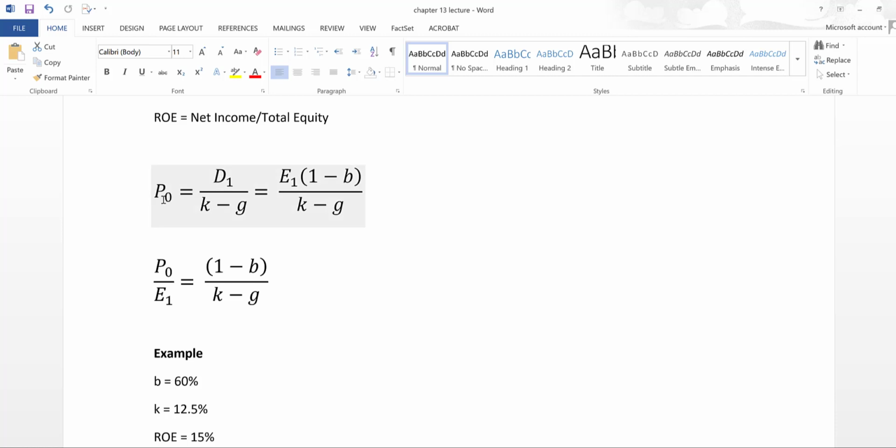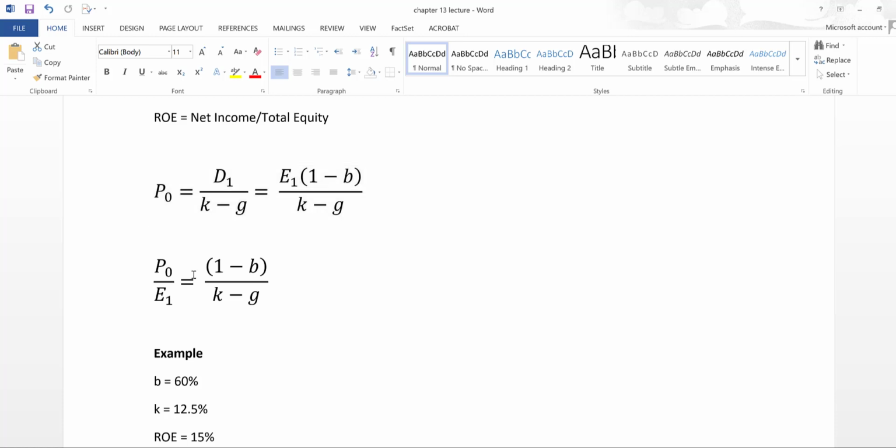So when we write it this way, P0 equals E1 times 1 minus B. Instead of dividend, we are writing E1 times 1 minus B, and our denominator is K minus G. This is the same constant growth dividend discount model, but now written in terms of earnings.